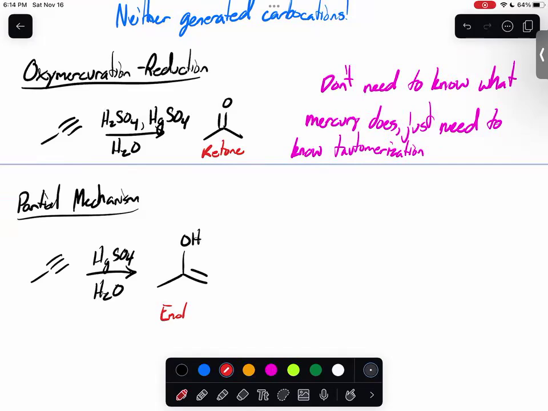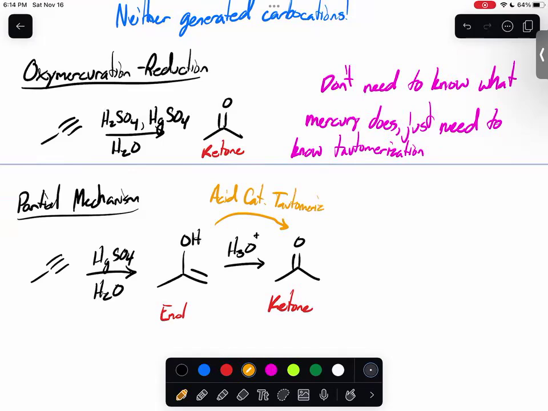From here, this is when the H3O plus comes in, and we do generate the ketone. Of course, this second step here, all it is, is an acid catalyzed tautomerization. And like I said, you do need to actually understand the mechanism behind this step.